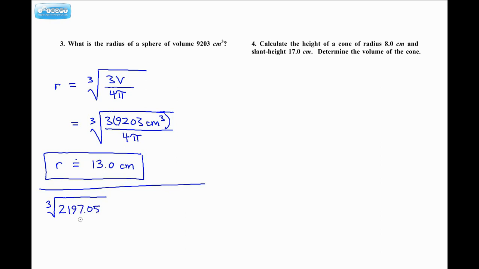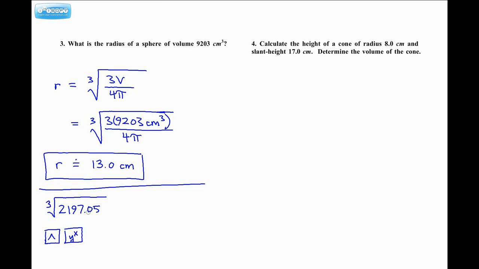But if you don't have a cube root button, you need to make use of your power button. Depending on your model, it could look like that. You should know where your power button is, because you would have used it already. So it might look like either of those two.